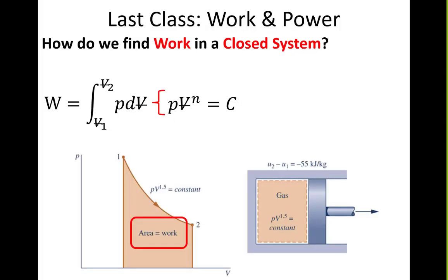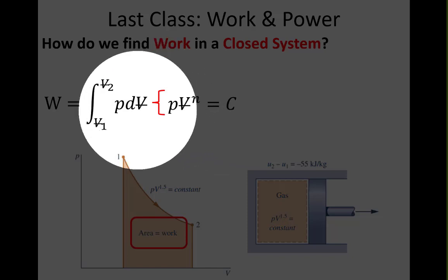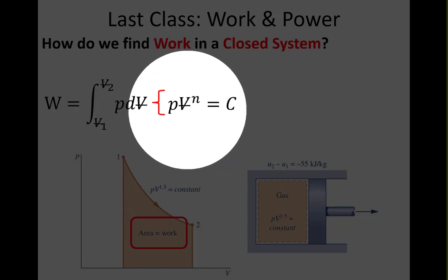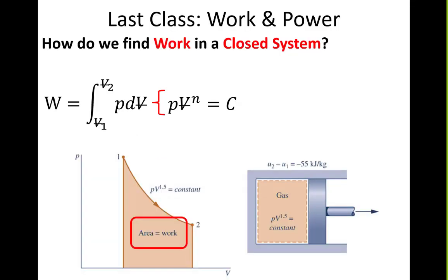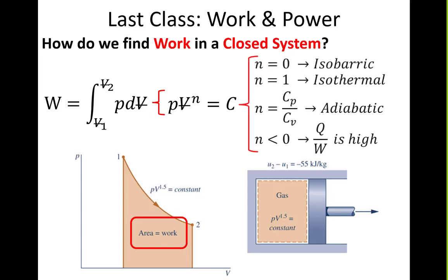Sometimes I get a question here, and in my notes I'm not great at being consistent about this, but if you ever see a V with a line through it, that means we're specifically talking about volume as opposed to velocity or voltage or some other V. So if pressure times volume to some power is constant, then that's a polytropic process.